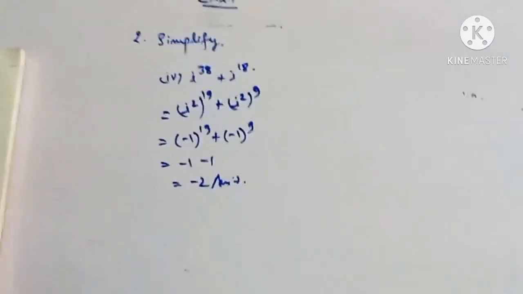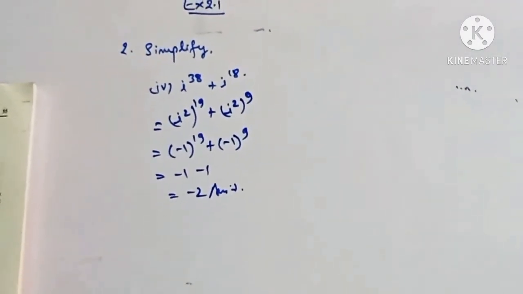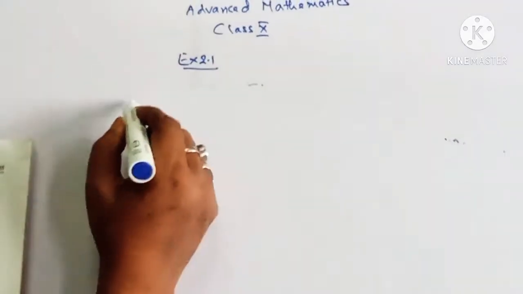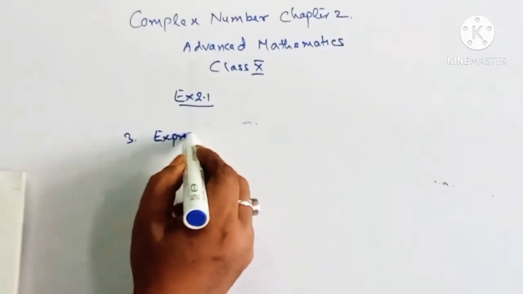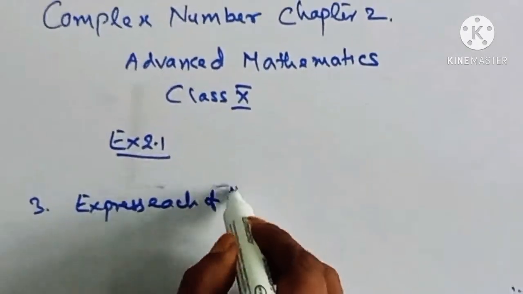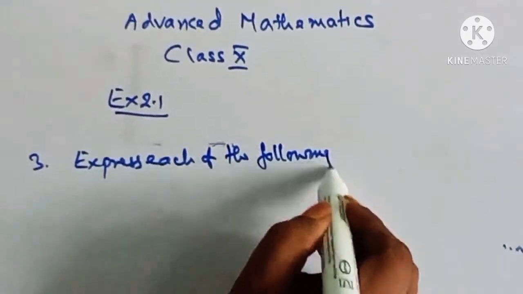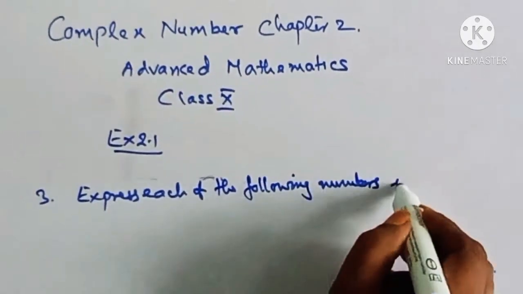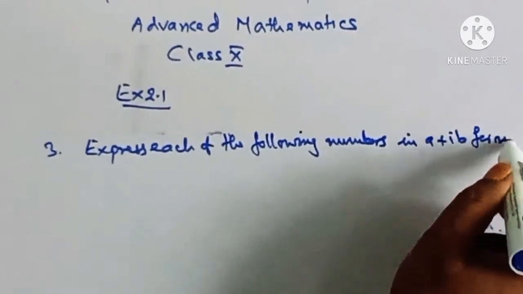Now I am going to question number 3. Express each of the following numbers in a plus ib form.